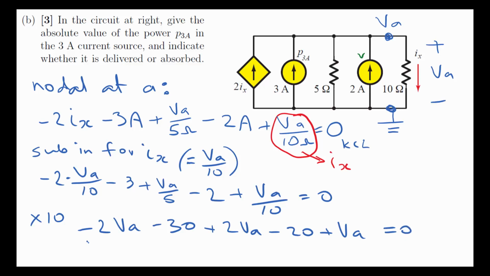And then we can say VA is equal to 50 volts. Okay, so that is an intermediate result. Now let us go to the next page to complete it.